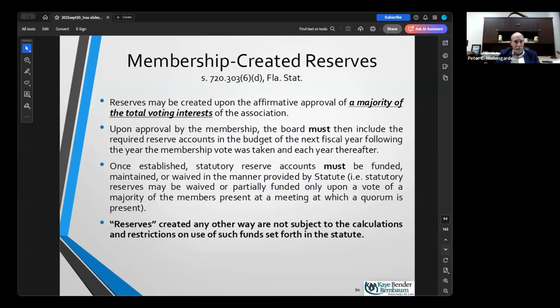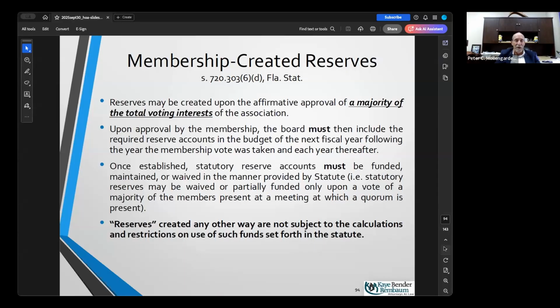Once established by a membership vote, statutory reserve accounts must be funded, maintained, or waived in the manner provided by statute. For example, statutory reserves may be waived or partially funded only upon a vote of a majority of the members present at a meeting at which a quorum is present.